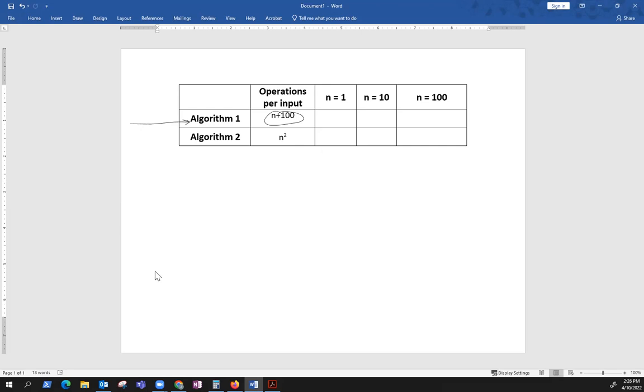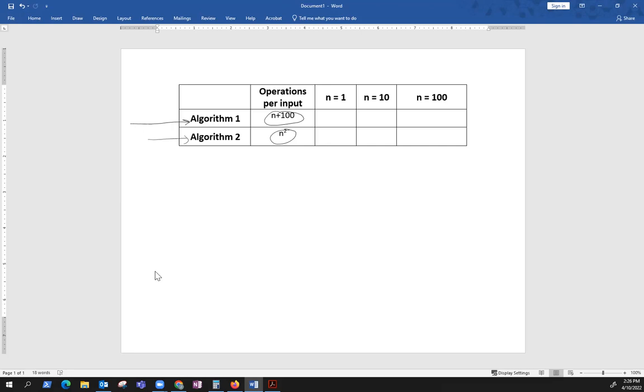That's how many additions, subtractions, searches, assignments, anything you want to consider an operation. It will take n plus 100 operations to run if you give it n inputs. And I have another one called algorithm 2, and it will run in n squared operations for n inputs. So the question is, which of these is the more efficient algorithm?